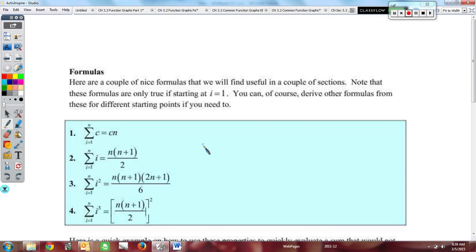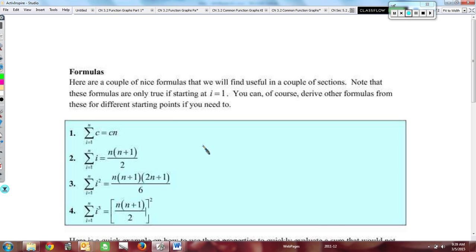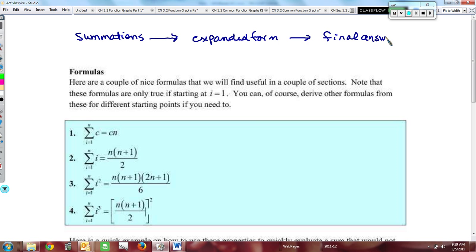Now, the second thing here is this idea that I don't always want to have to take my summation, when you have it in your sigma form, and turn it into an expanded form to then get the final answer. That can be very tedious. I mean, what if your summation has 100 terms in it? I don't want to have to write out 100 terms and then type them into a calculator to get a final answer.